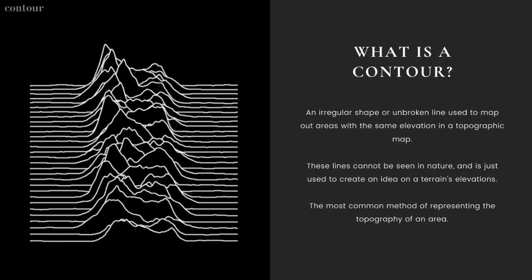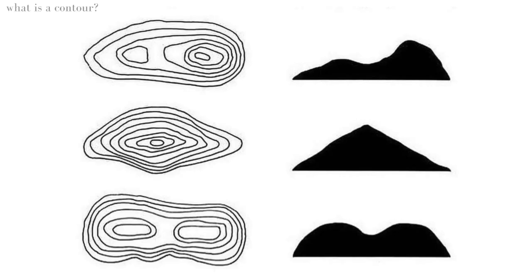To give you a clearer picture of how the contour lines represent areas of a terrain. As you can see in the first example, where the terrain has two bumps on each side, the smaller the contour line is, or the more enclosed it is by other contour lines, the steeper it gets.